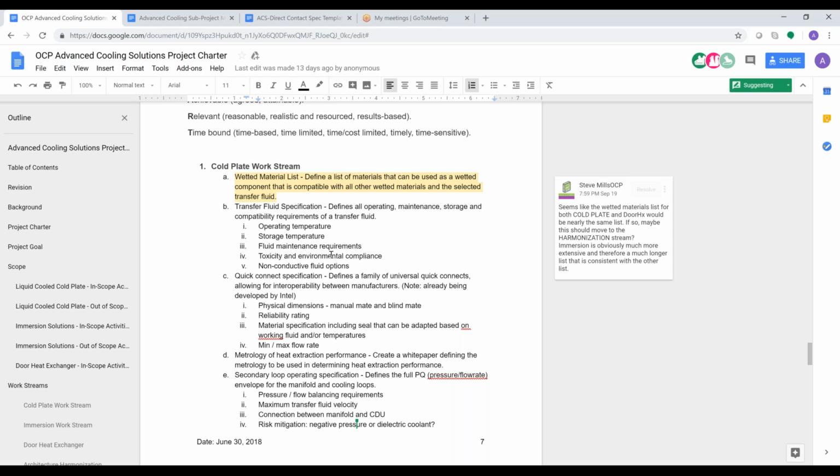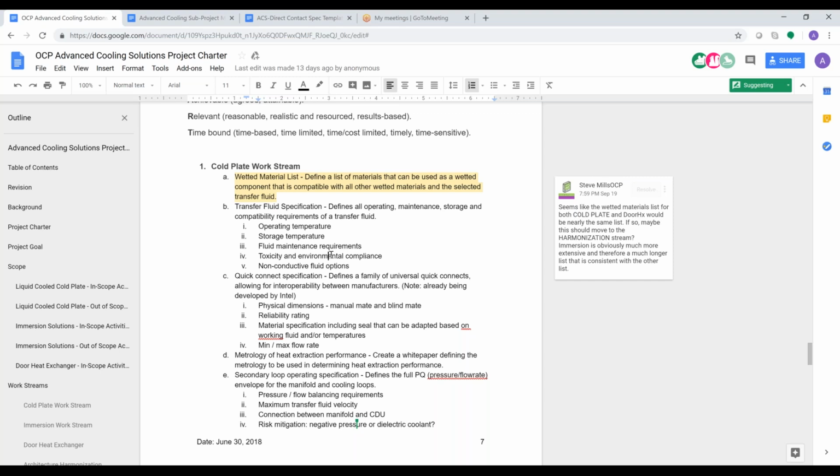Particularly, as one of the key objectives of this effort, in my opinion, is to create specific types of commonality across the data center in terms of how you would support different forms of liquid cooling, right? Whether it be cold plate, immersion, or rear door heat exchanger. So definitely, there are going to be a lot of touch points that need to be consistent across those to have a truly agnostic support ecosystem for those different technologies.